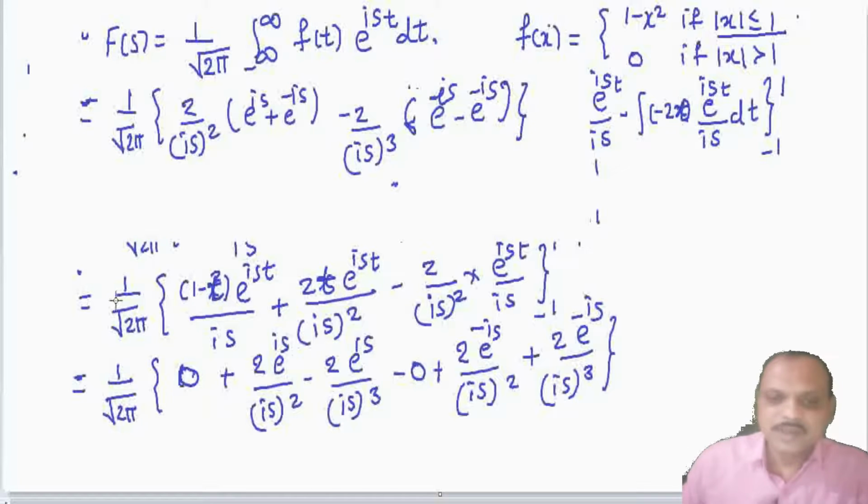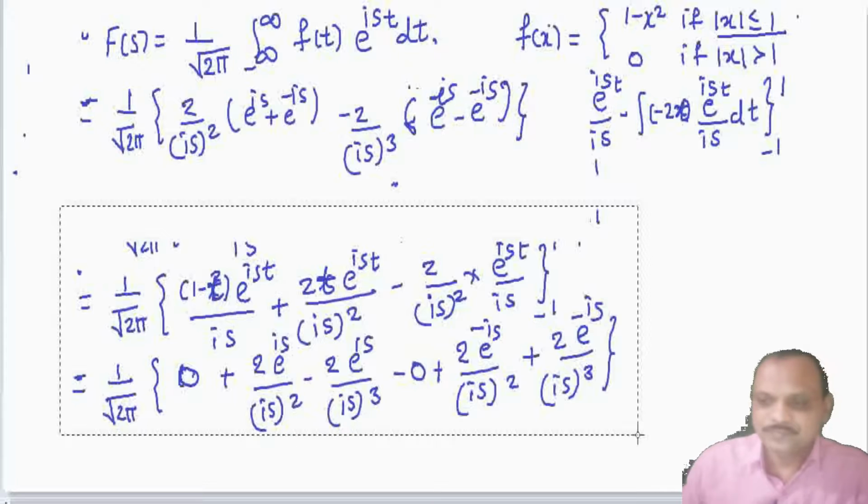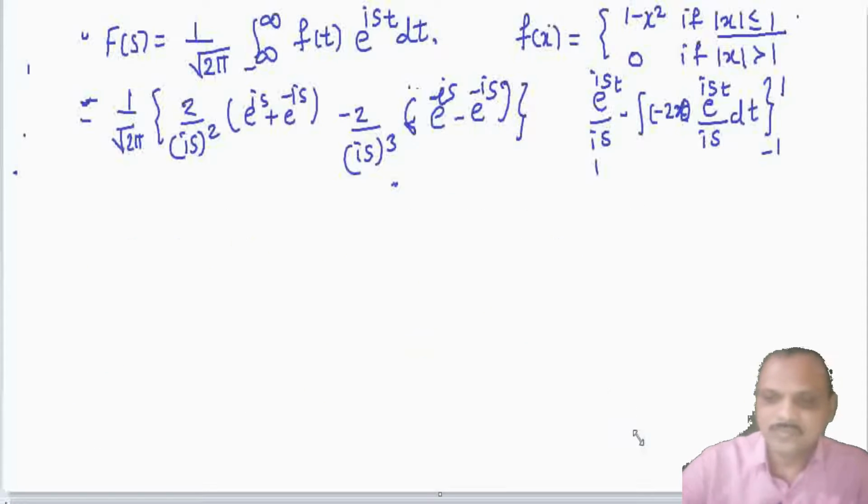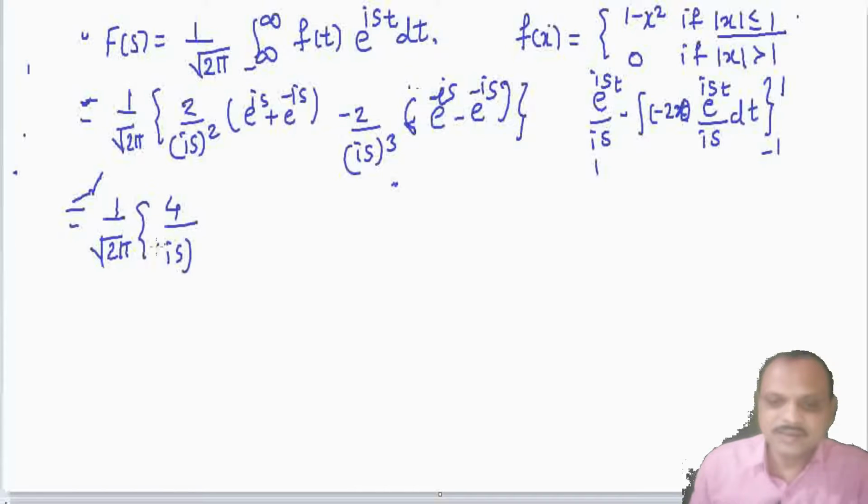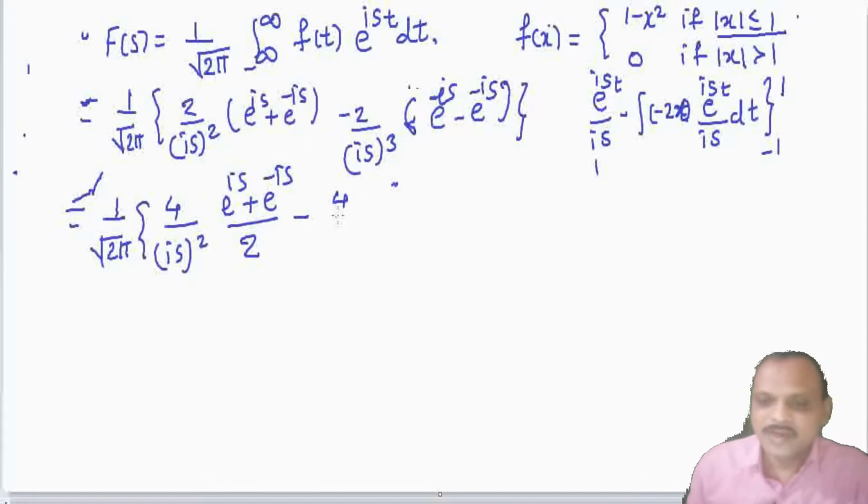So here we write this equal to 1 divided by under root of 2 pi into 4 divided by i s square, e raised to is plus e raised to minus is divided by 2, minus 4 divided by i s cube.